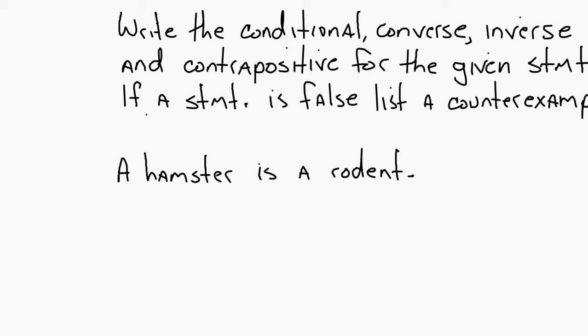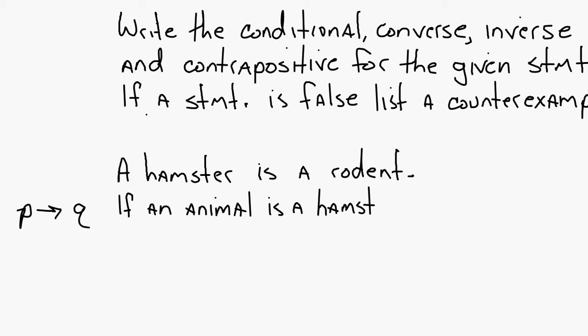So, the conditional. If P, then Q. This isn't in if-then form, is it? So we're going to put it in if-then form. We're going to say that if an animal is a hamster, then what's the conclusion? It is a rodent. Very good. Then it is a rodent.